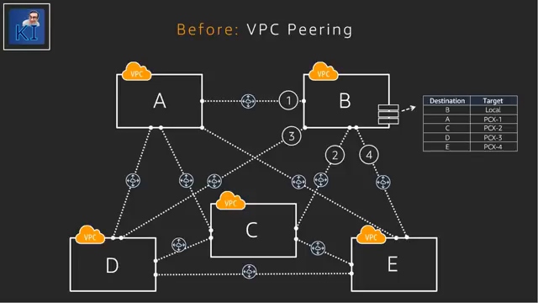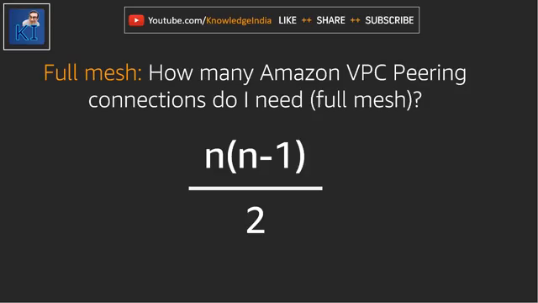Even if you go ahead and do it well, that's okay. But then there are certain limits as well, right? On the VPC peering, we'll talk about it. So typically, if you have, let's say, n number of VPCs and you want to create a full mesh, which means all VPCs should be able to talk to all other VPCs, you will need this many connections.